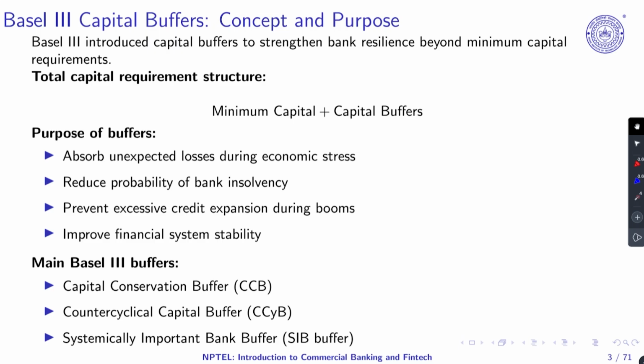As we were discussing in the last session, Basel III talks about capital buffers, which means that a counter cyclical stand Basel III promises, and it also tries to give some kind of cushioning to the banking sector.